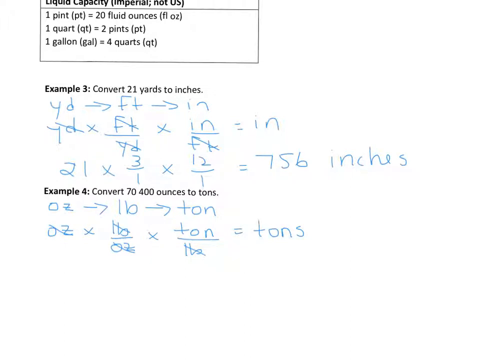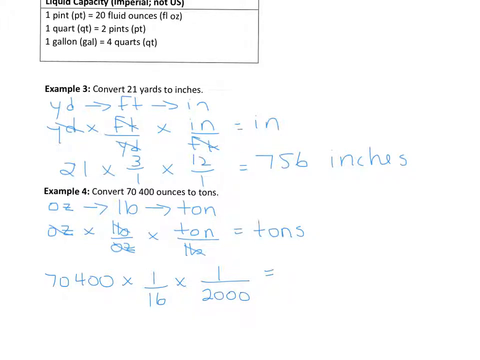So I'm starting with 70,400 ounces, and I'm going to multiply by pounds per ounce. So 1 pound is 16 ounces, times tons per pound, 1 ton is 2,000 pounds.